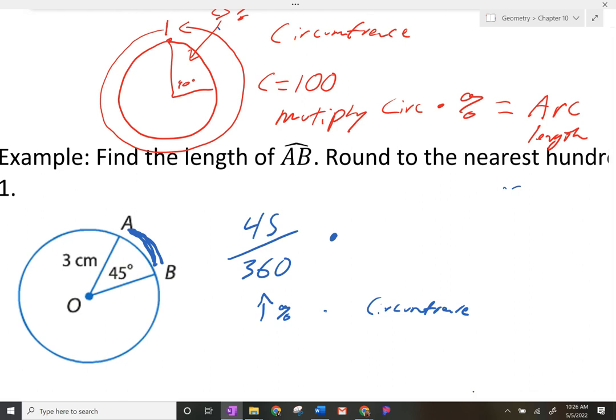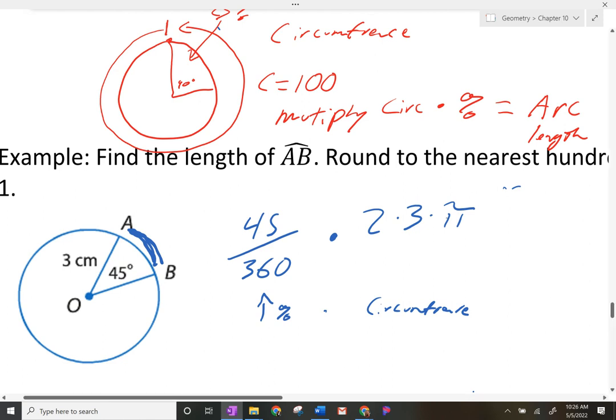Perfect. Good job, me. 2 times pi times r. I'm going to take 2 times 3 times pi right there. I'm going to go through each one of these steps just to simplify it underneath. 45 divided by 360.